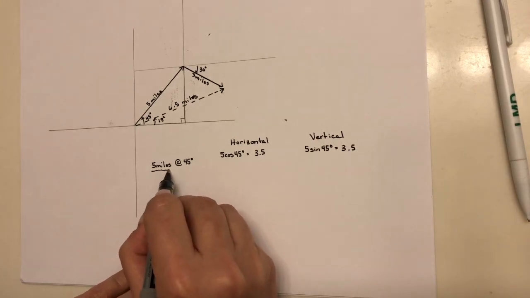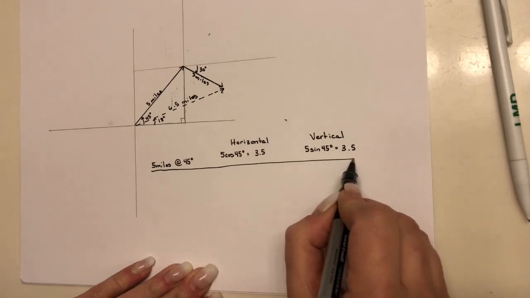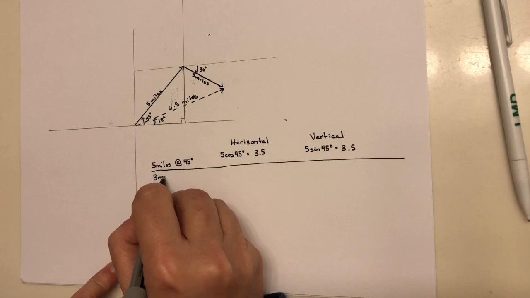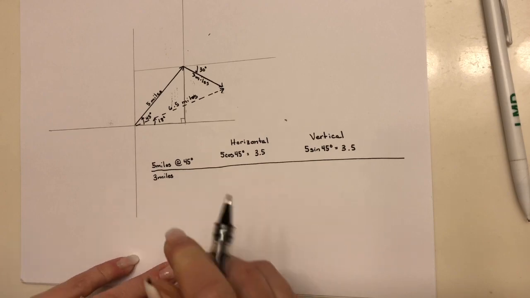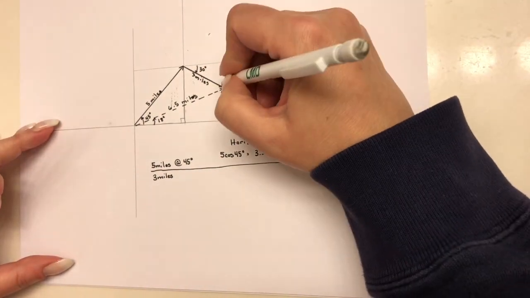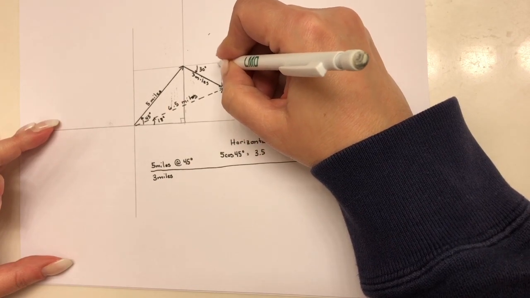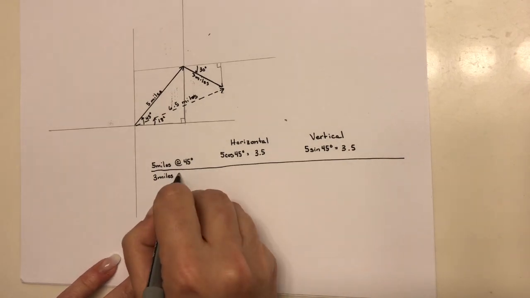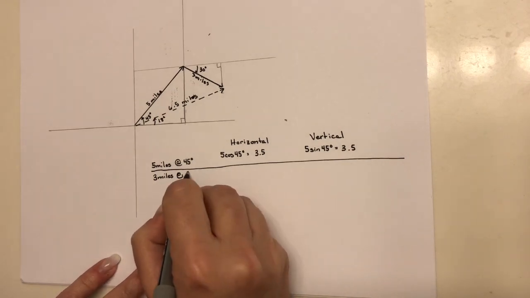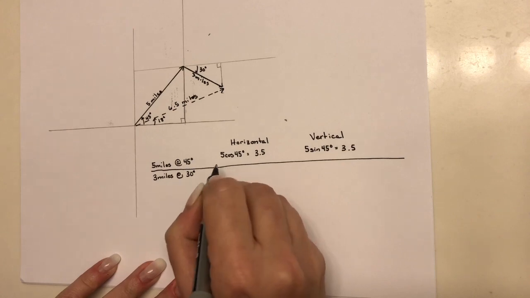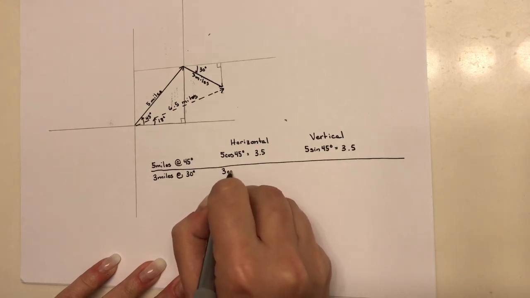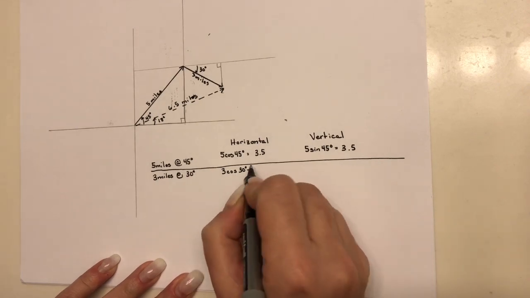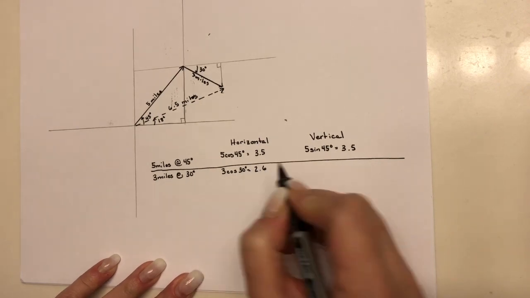Now you're going to move to your second vector. Your second vector was the 3 miles. And my triangle is a right triangle that I'm going to draw right up here going toward the x-axis. And that's a 30-degree angle with the x-axis. So that's going to be 3 cosine 30 degrees, and that is going to be equal to 2.6.